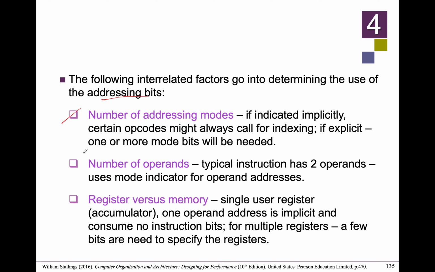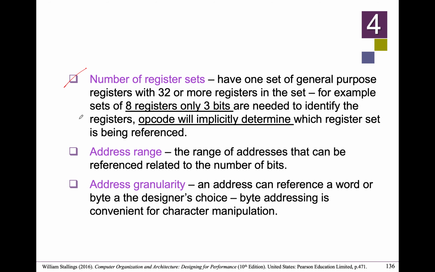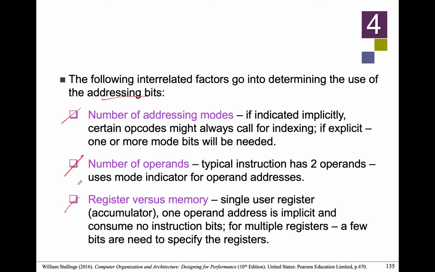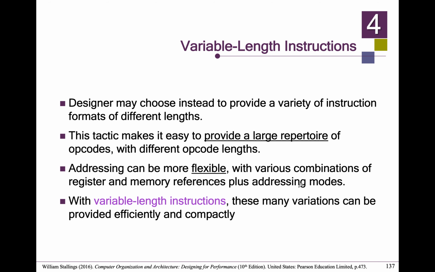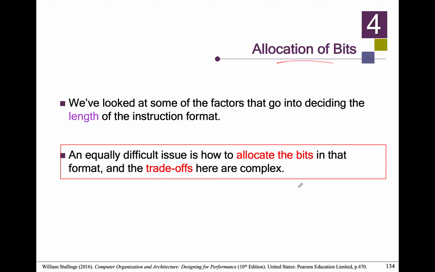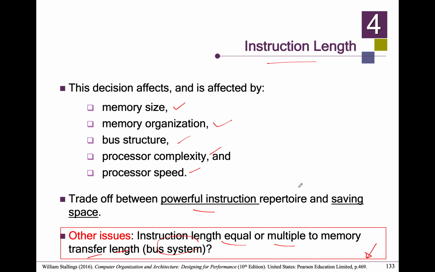First, the number of addressing modes. Second, the number of operands, register versus memory, number of register sets, address range, and lastly the address granularity. These are the factors that affect the addressing bits. You can read the descriptions of all these 6 factors.